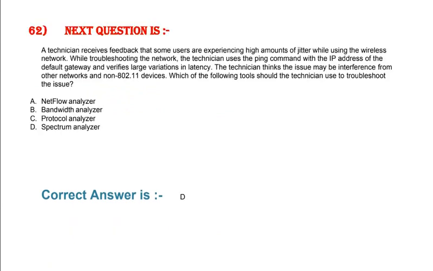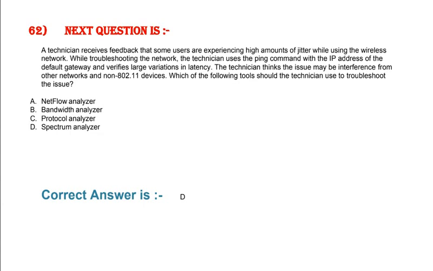Question is, a technician receives feedback that some users are experiencing high amounts of jitter while using the wireless network. While troubleshooting the network, the technician uses the ping command with the IP address of the default gateway and verifies large variations in latency.